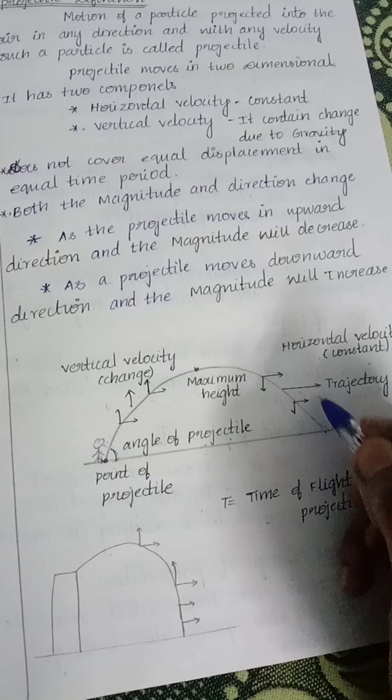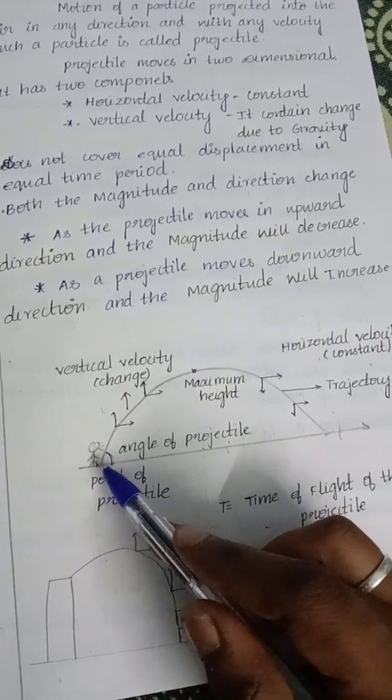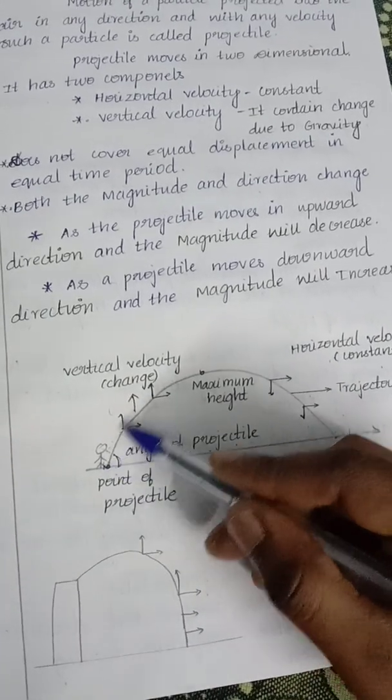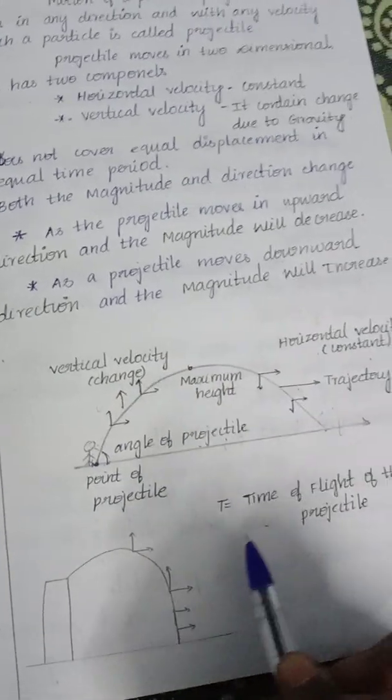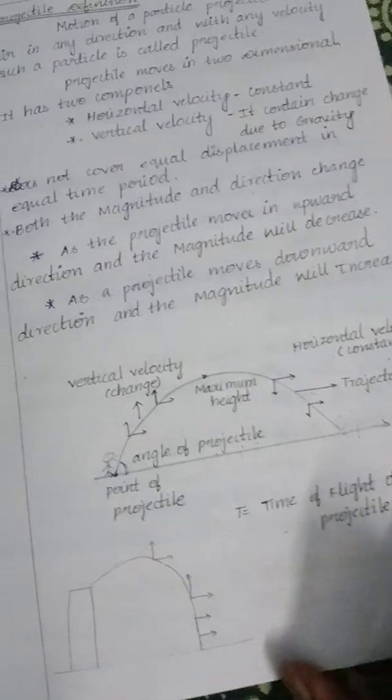The parabolic curve is called the trajectory, and the total time taken to travel from a person's hand to the ground is called the time of flight of the projectile. So these are the projectile definitions given here, and we have some brief definitions also.